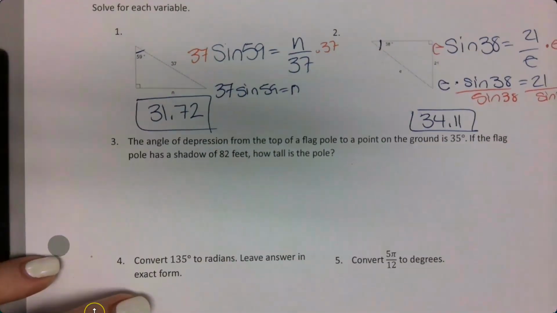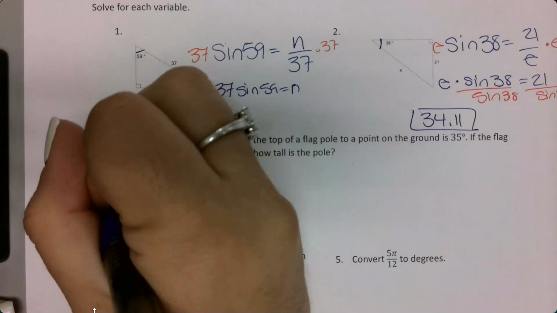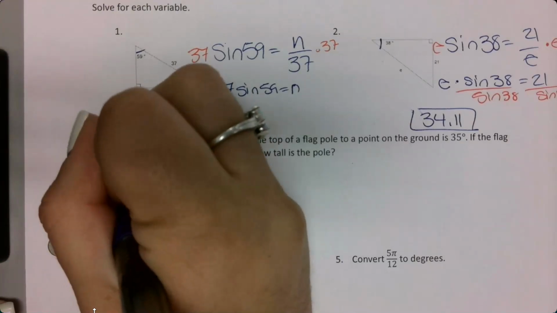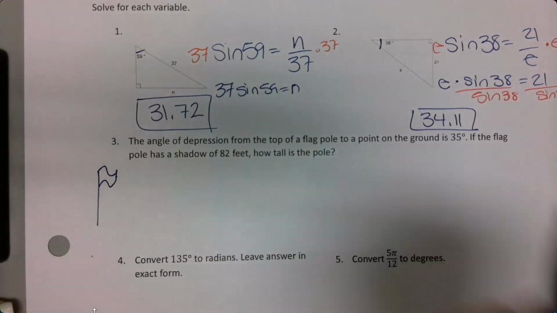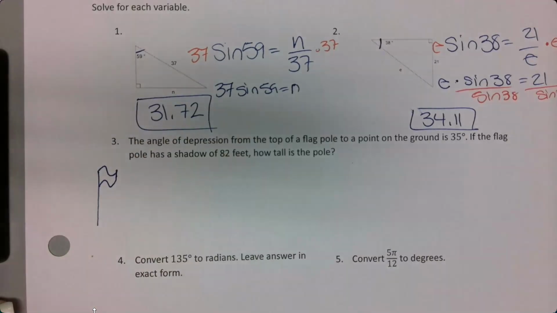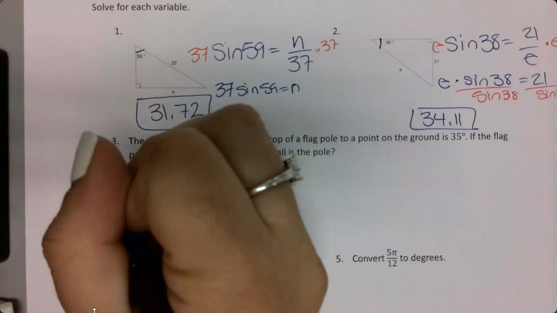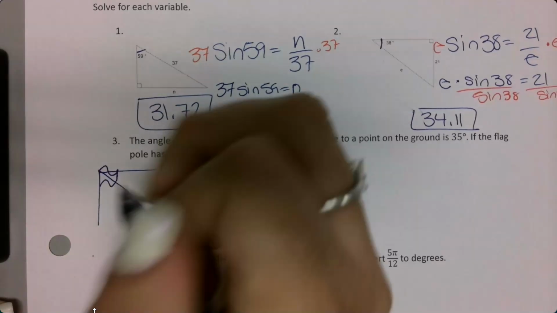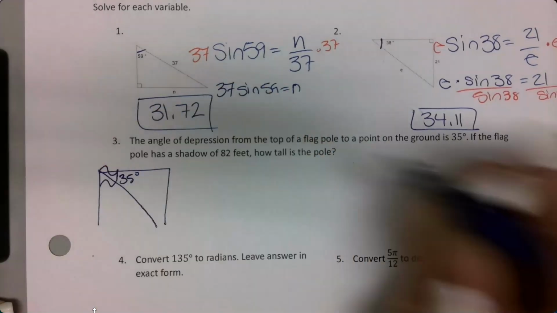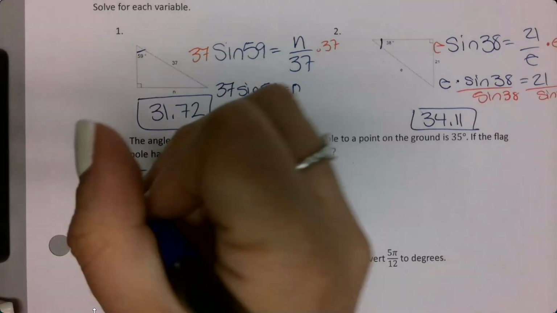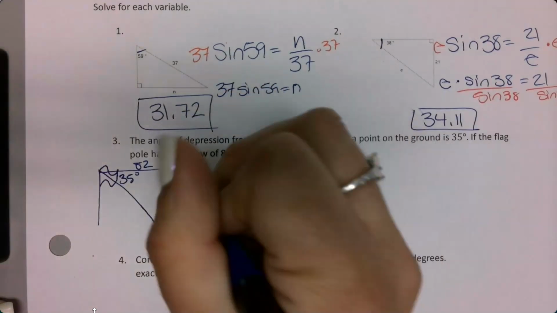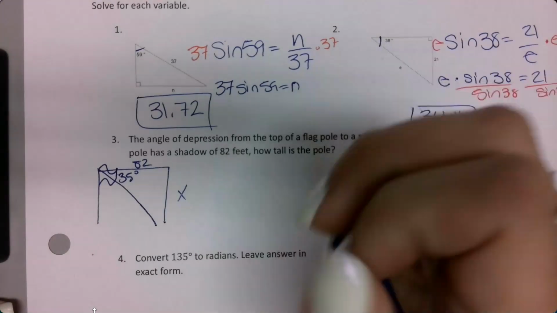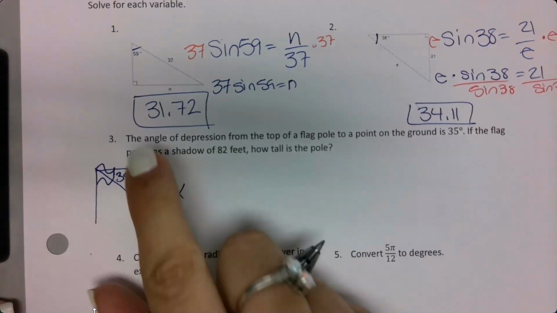Okay, my next question says the angle of depression from the top of a flagpole to the ground is 35 degrees. The flag has a shadow of 82 feet. How tall is the pole? So I want to set this up. I have my opposite and adjacent.